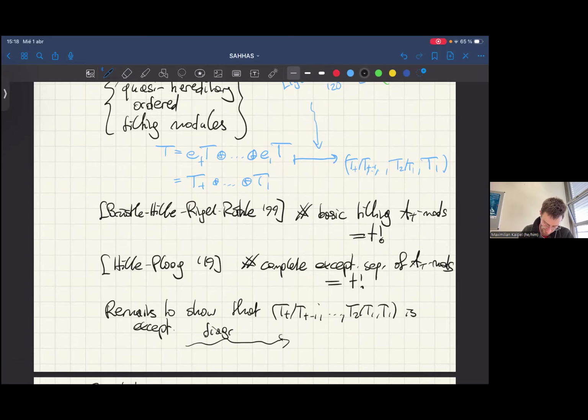Diagram chase. And then you also use the following quite useful and very important fact, that the endomorphism algebra of any tilting module is again isomorphic to your original algebra. This is also a result of Brüstle, Hille, Ringel, and Röhrle. And so you can show this, and then this proves the result.